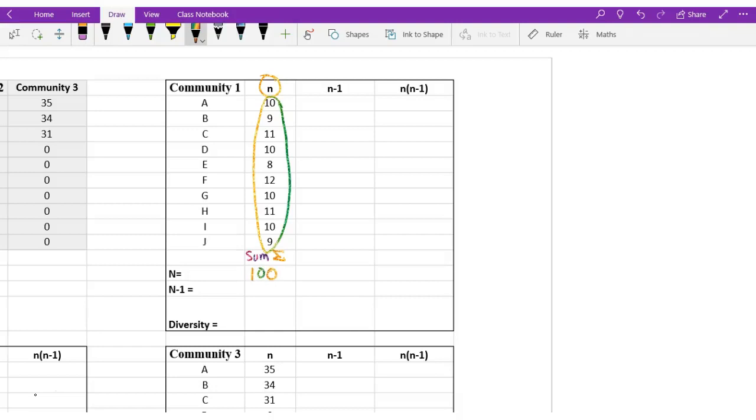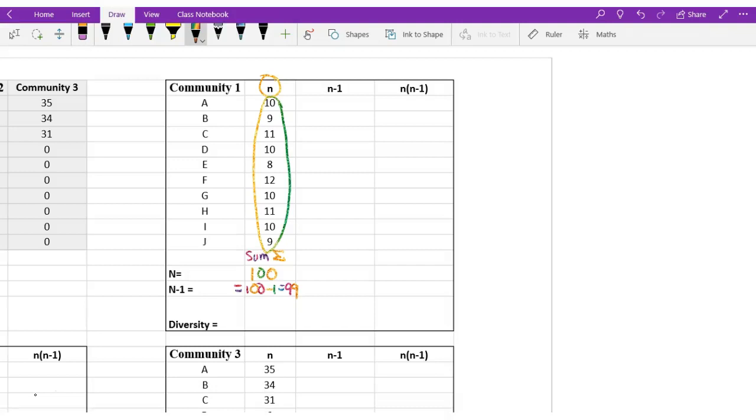Now, the next thing you need for Simpson's diversity is to give it the fudge factor. So you also have to find out what n minus 1 equals. So 100 minus 1 equals 99. So there's my next part of my formula. Now, I have to go and find out what the fudge factor is for each of those individual species.